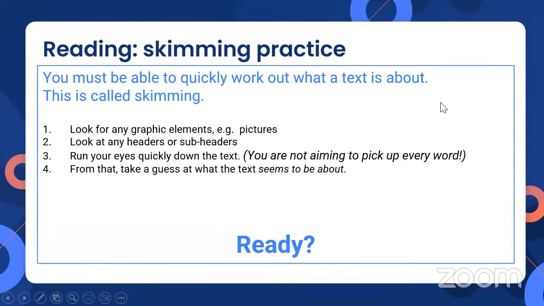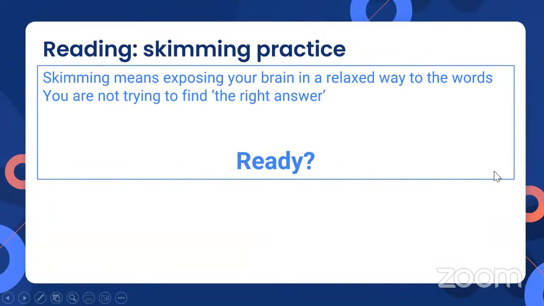You're just trying to get a guess at what the text seems to be about. And I also like to say that you're not trying to find the right answer. You're simply exposing your brain in a relaxed way to the words, just to get a sense of what the meaning is all about. So we're going to have a go at some skimming practice.